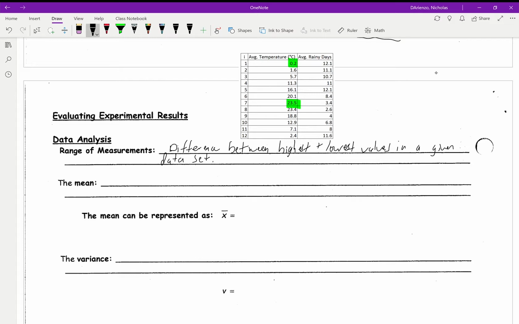Subtracting those two will give us the range of our measurements.